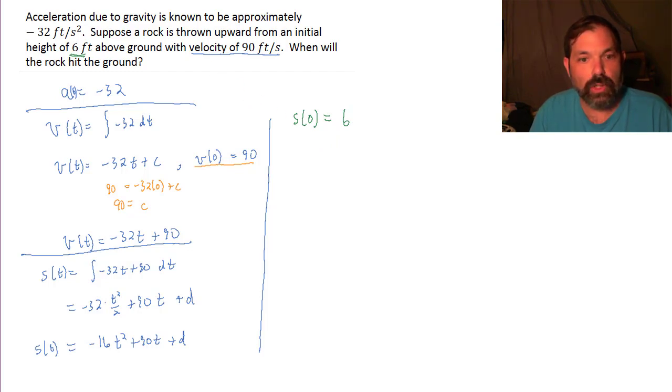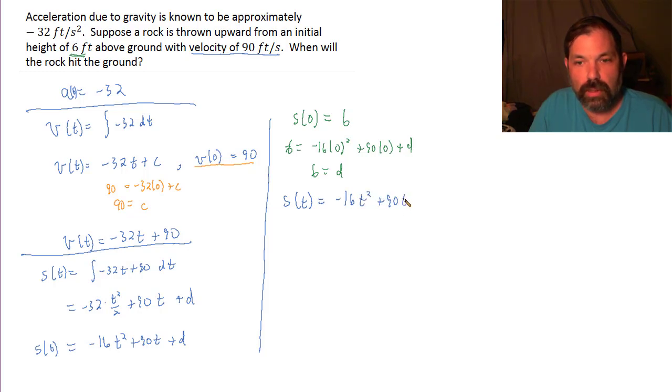Substituting that into our position function, 6 must be equal to negative 16 times 0 squared plus 90 times 0 plus d, and so d must equal 6. Revising, my position function, s of t, must be negative 16t squared plus 90t plus 6.